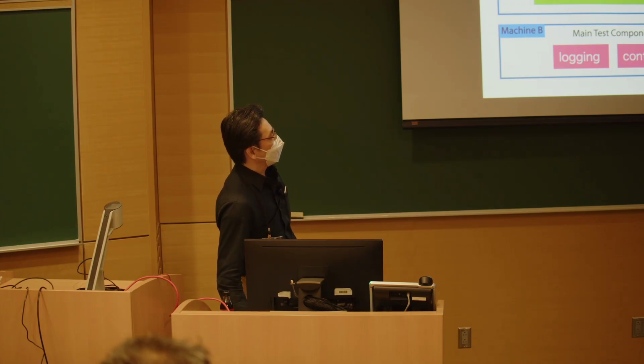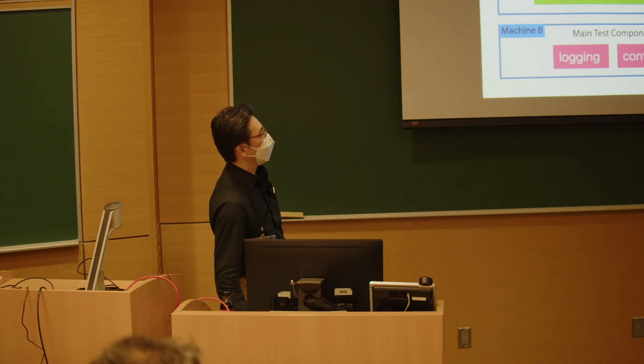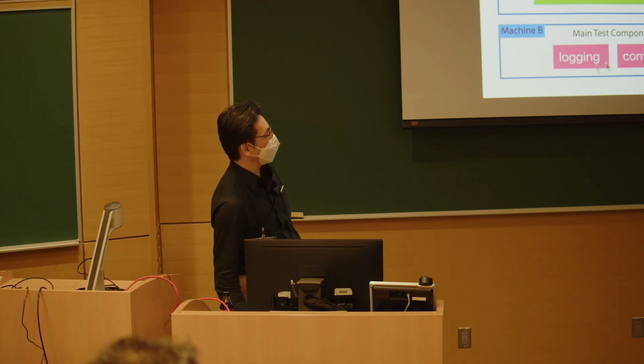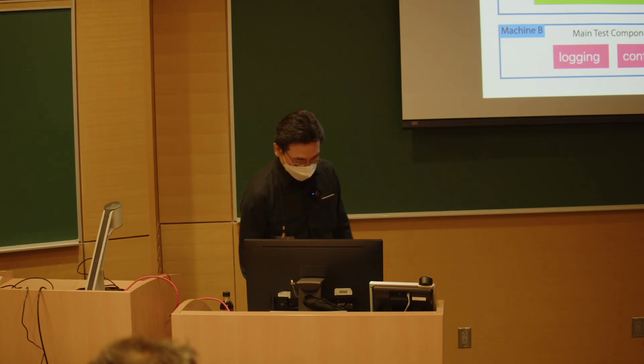That configuration you can understand by using this diagram. The machine B side is the main test component, the controlling part and the logging part. And the testing is done in a separate machine, with communication between the two elements.